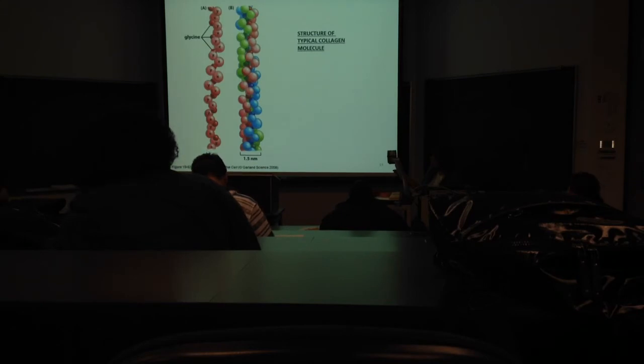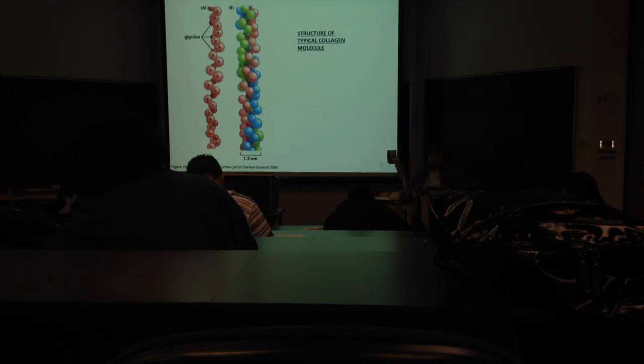And then your X and your Y are usually hydroxyproline, which is just a proline that's been played with, and a lysine that's been played with. We're going to leave it at that. Hydroxyproline, hydroxylysine. Usually, that's what the X and the Y are. G is always glycine. So it's GXY, repeated over and over. So what it does is make this helical structure, and then you take three of them and you put them together, and there is your collagen.